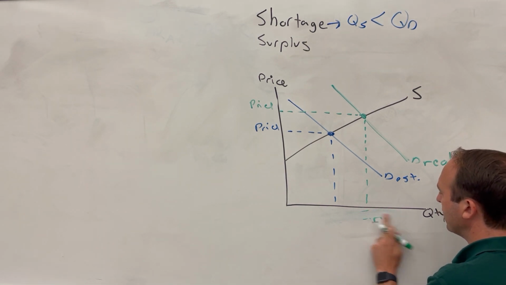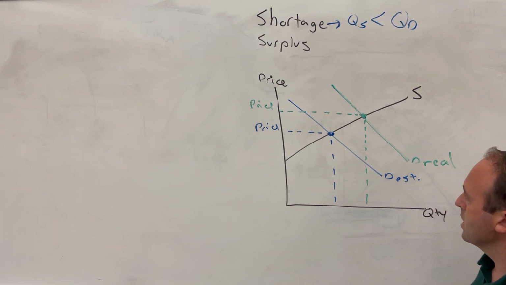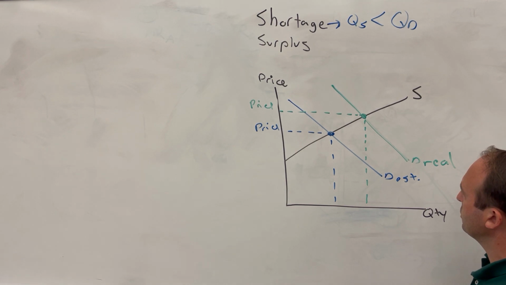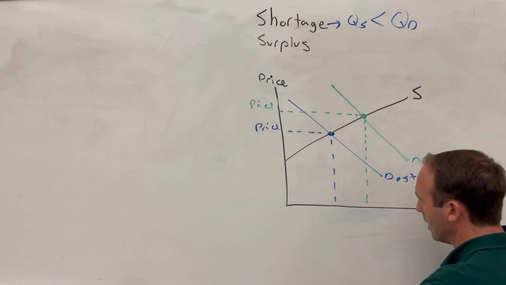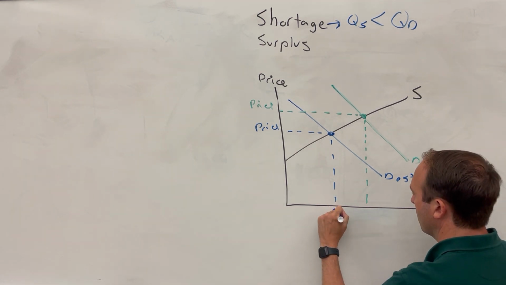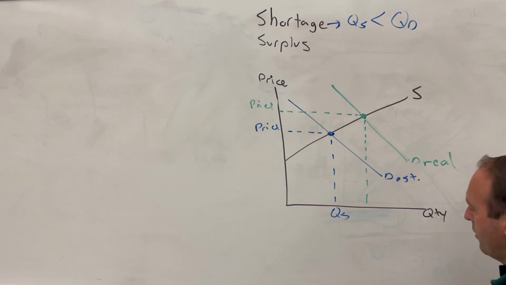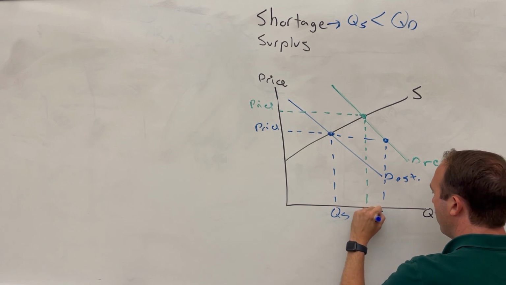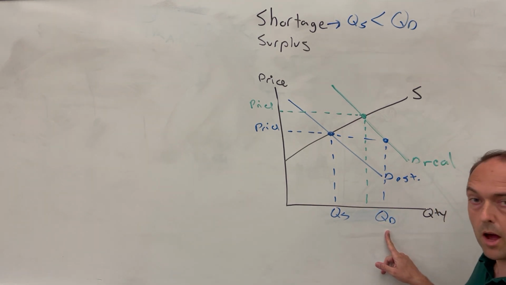So what's going to happen in this situation is the firm is going to choose to produce this many units right here. But at that price, you get this many people looking to buy the product, right?